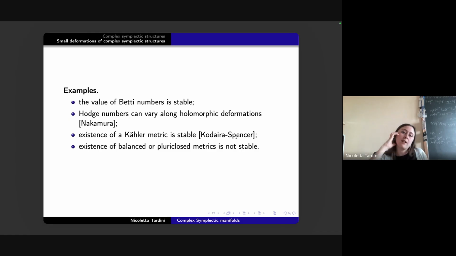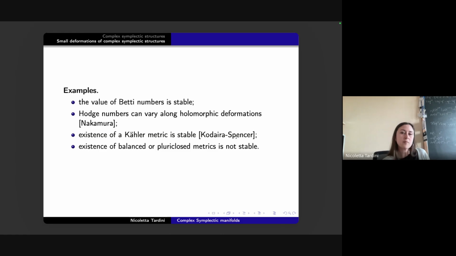On the other side, a very important result of Kodaira and Spencer is that the existence of a Kähler metric is stable under small deformations of the complex structure. This means that if you start with a compact complex manifold admitting a Kähler metric and you deform the complex structure, then you still have a Kähler metric.